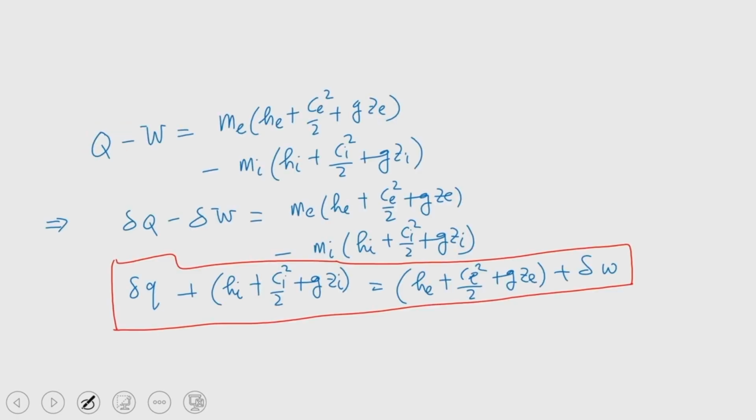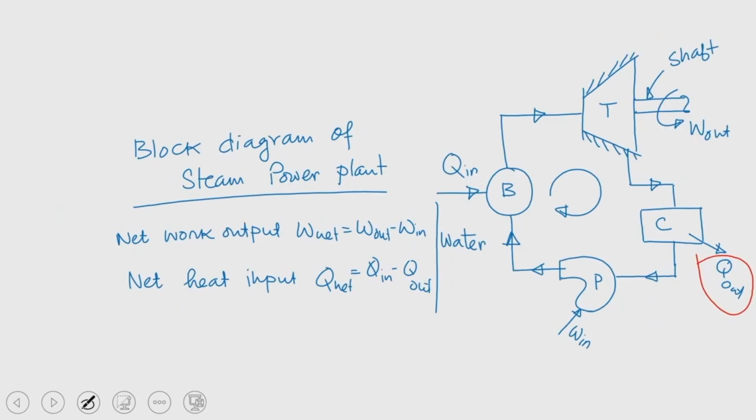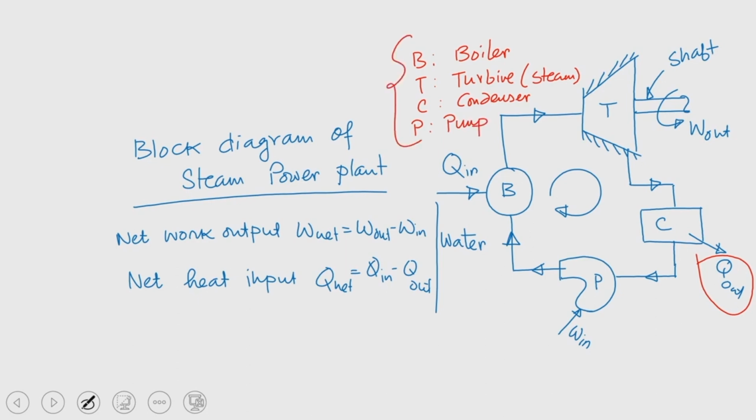Let me write here, I forgot to write: B stands for boiler, T stands for turbine, definitely it is a steam turbine, C stands for condenser, and P stands for pump. I have used short forms to identify them.